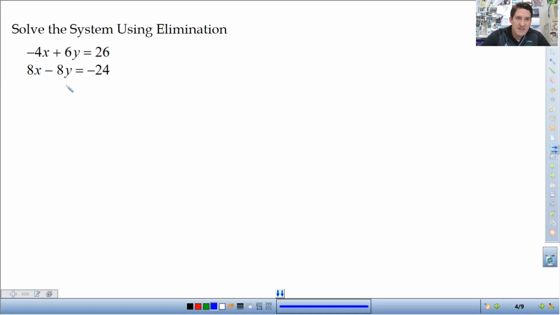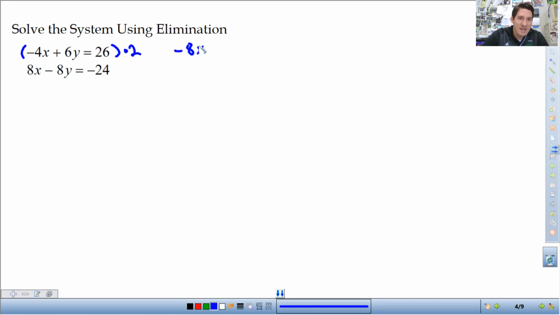There are cases where you might have to multiply both equations to get coefficients to match, but we're just going to look at it where you only have to multiply one equation. So what I'm going to do is multiply this top equation by 2. Again, the reason why I'm doing this is because 2 times -4 is -8x.